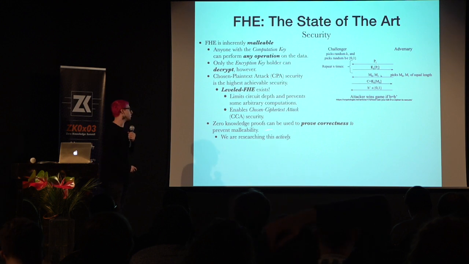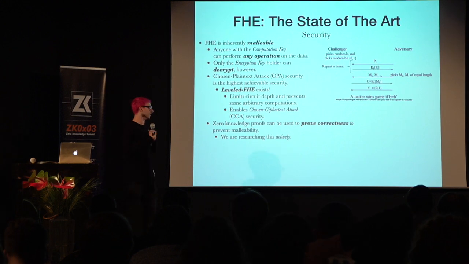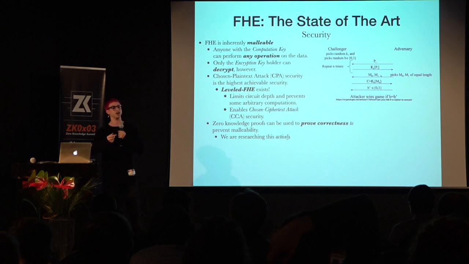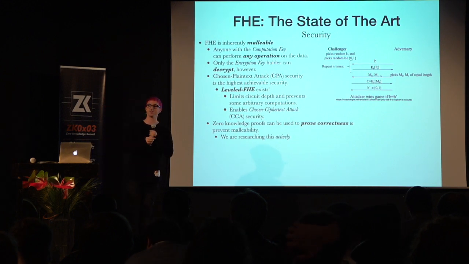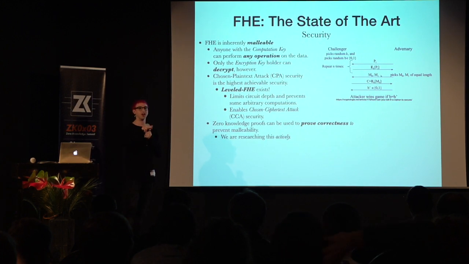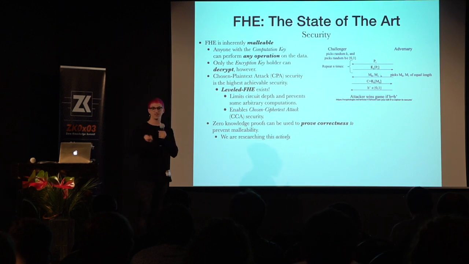Also, zero-knowledge proofs can be used to prove correctness in the computation to prevent malleability. So theoretically, we may be able to say, are you sure that you performed this one circuit? The example I always give is, say you want to perform a computation on 2 encrypted numbers and add them together. Say 2 plus 2. We may get the output of 4 and that's what you expect.